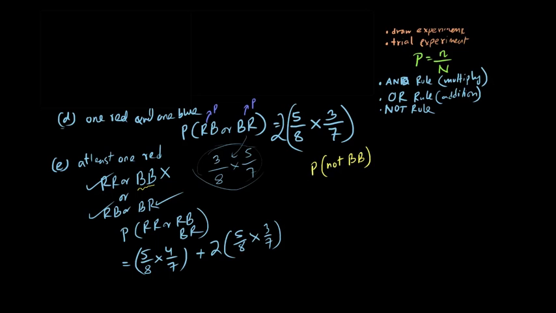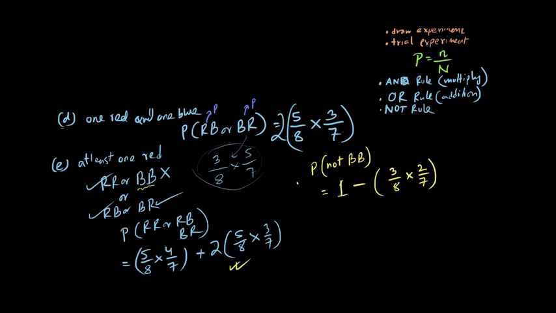So not blue and blue means at least one red. So from the total probability, all these four things together is 100%. Total probability, subtract blue and blue, which is 3 items blue out of total 8, and 2 by 7. So this value is equivalent to this value.